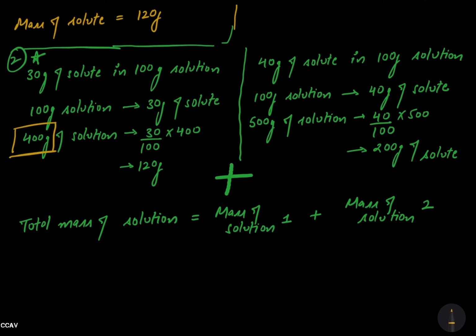So now what's the mass of solution 1? It's 400 grams. What's the total mass of solution 2? It's 500 grams. My total mass comes out to be 900 grams of final solution.